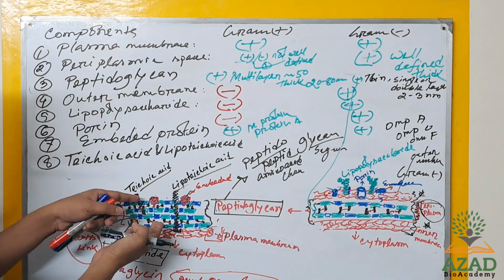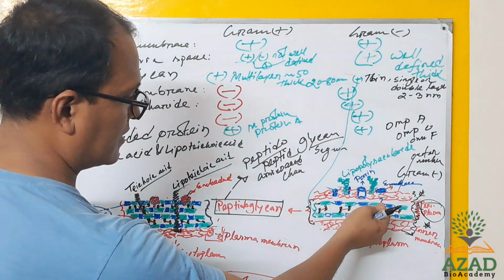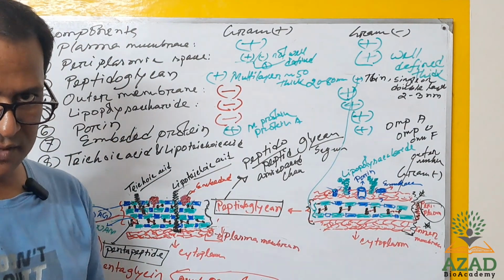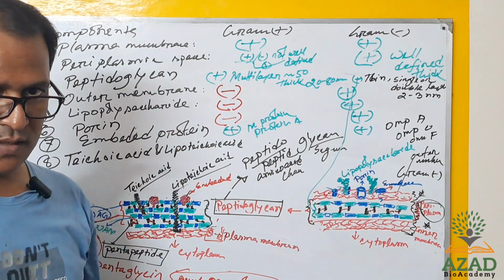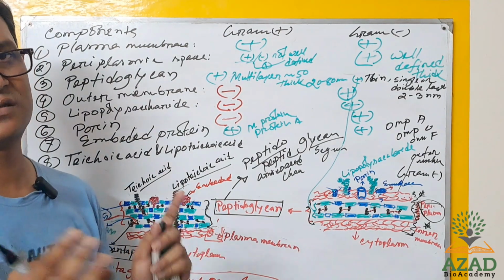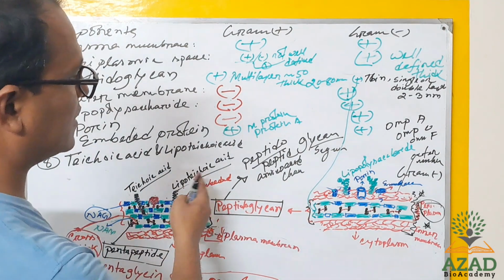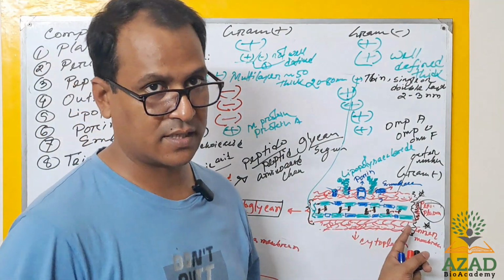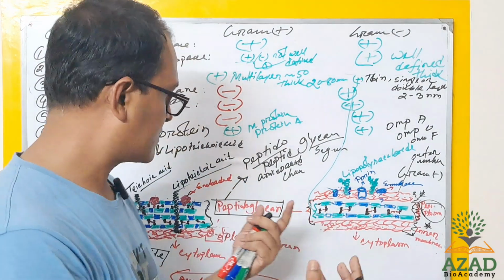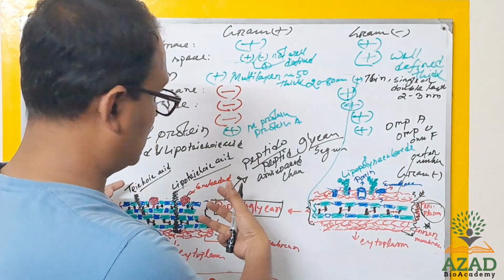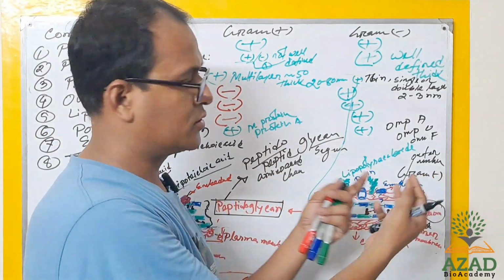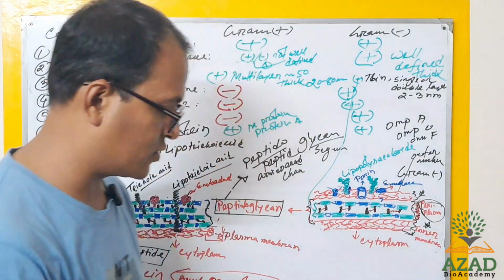As the peptidoglycan layer is very thin, that is a single or double layer, it is necessary to have some supporting molecule to make it stable, in a common sense. So teichoic acid and lipoteichoic acid are not present in gram-negative bacteria, as it is concerned with the peptidoglycan. The peptidoglycan there is very thin, so it is not necessary.